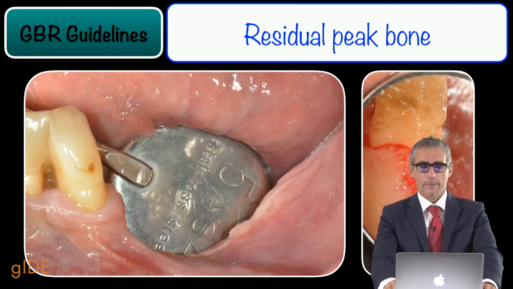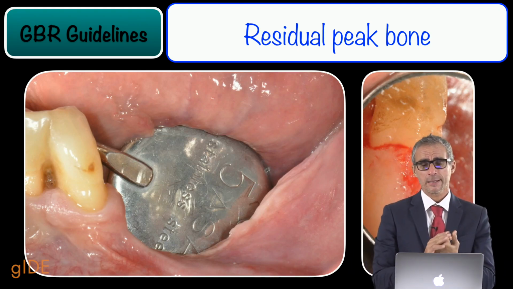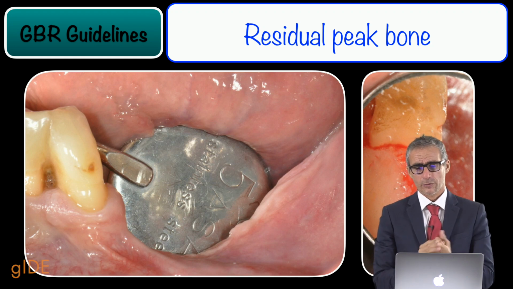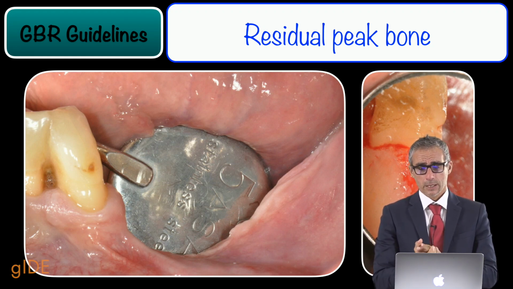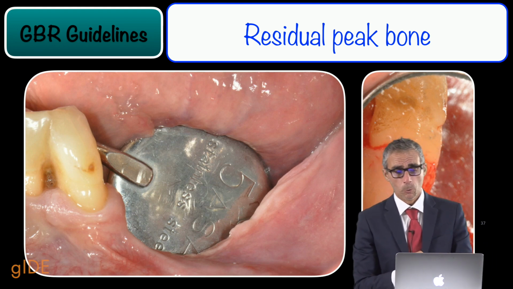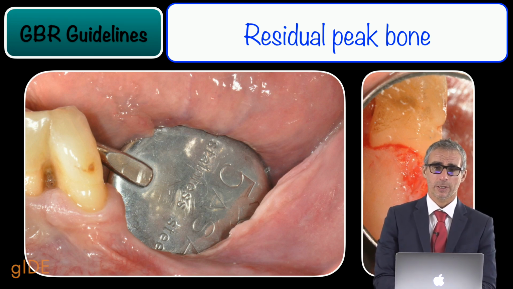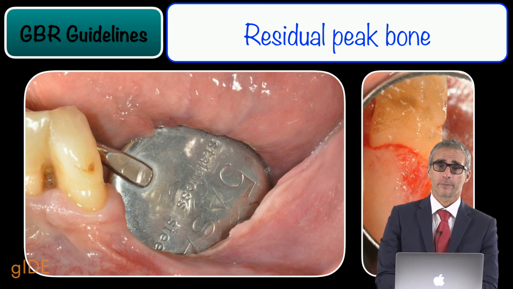And this is the last guideline, the presence of the residual peak bone. I have already talked about the importance of the peak bone. And when we have the integrity of the peak bone, we can regenerate what we want.